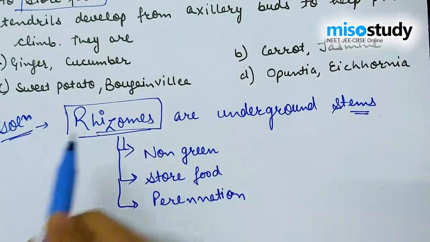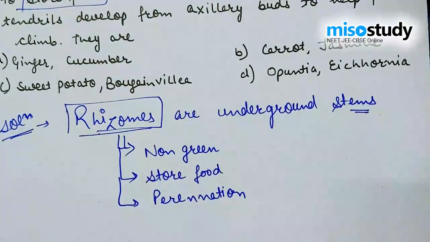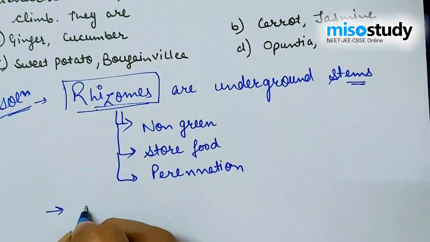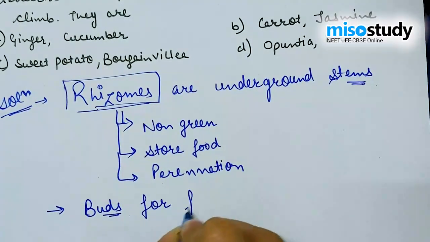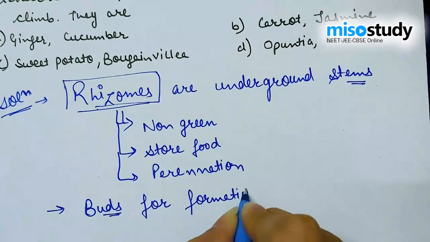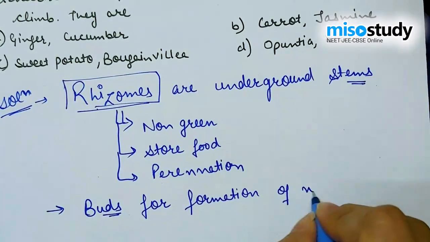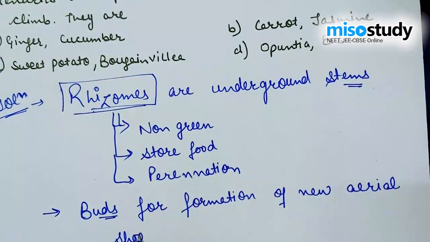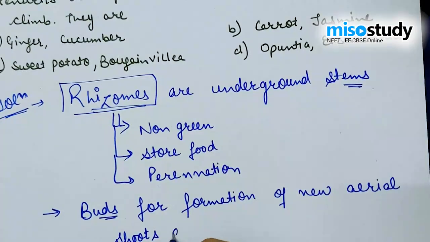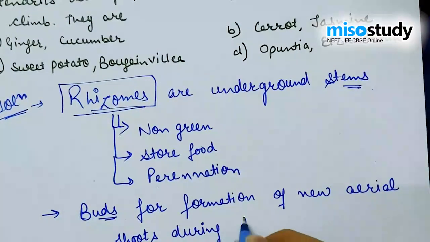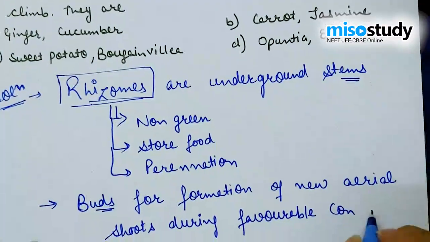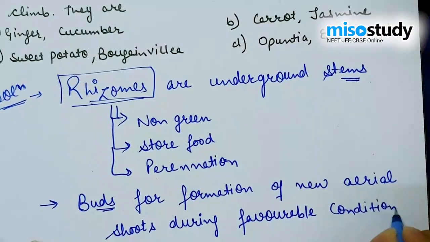Now the question is how the rhizome acts in plant activities. Rhizomes possess buds, and those buds form new aerial shoots during favorable conditions, when the condition is favorable for the plant.